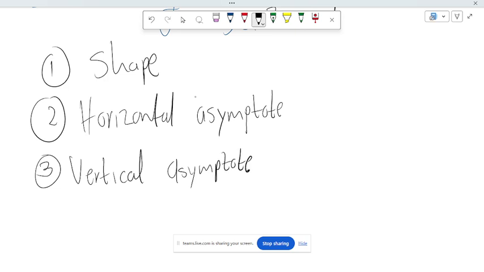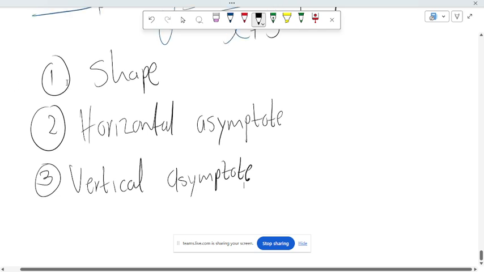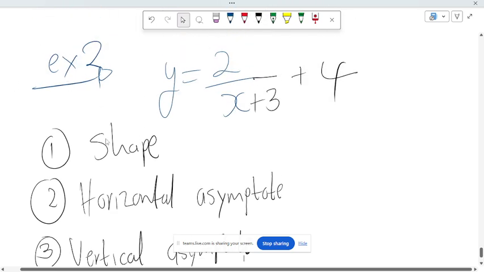Let's start with these ones. So what is the shape?